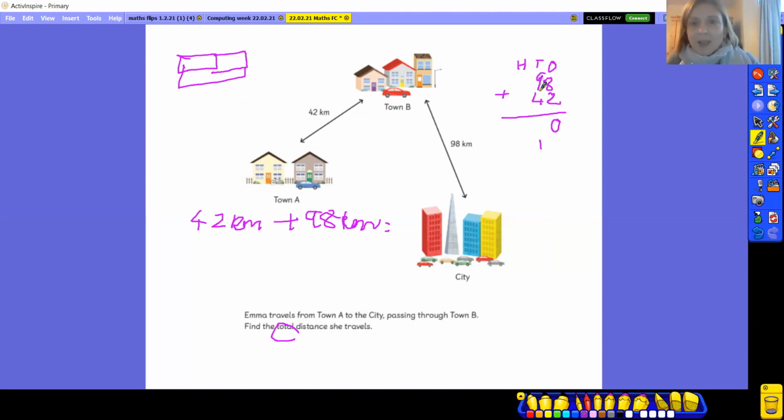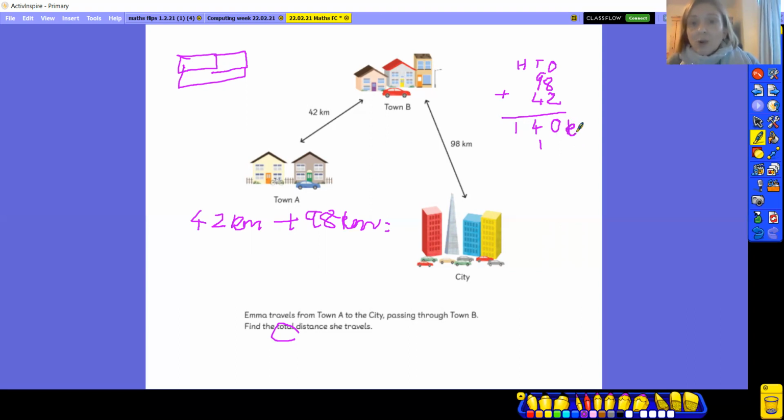So now I've got 9 tens, add 4 tens, add 1 ten. 9 add 1 equals 10. So it's going to equal 10 tens, it's 100. So 9 tens is 90 and 10 equals 100. 100 add 40 equals 140. And remember, 10 tens equals 100. So the answer is going to be 140.